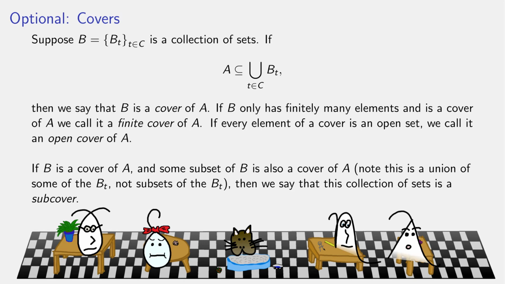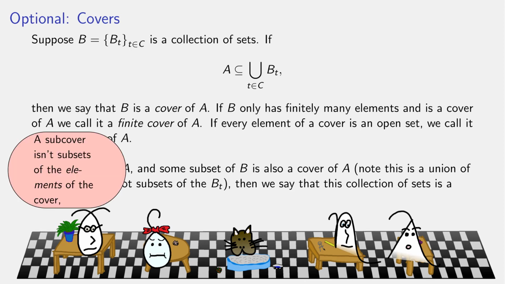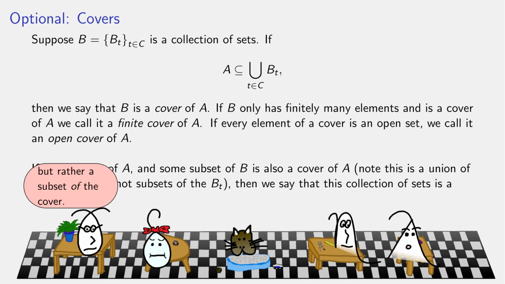We don't get to change what the sets are in the cover except to decide which ones we keep and which ones we get rid of. So a subcover is made by taking the cover and taking some of its elements, and the elements of the subcover are themselves sets. So we take a subset of that collection of sets without having changed what those individual sets were. That is a subcover, correct.